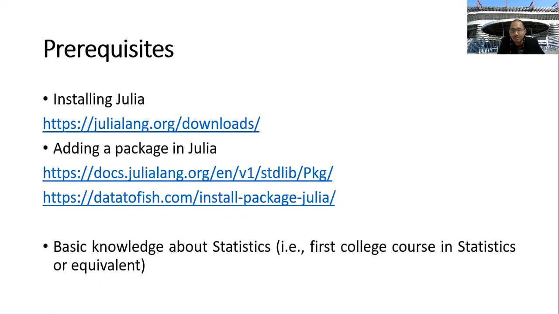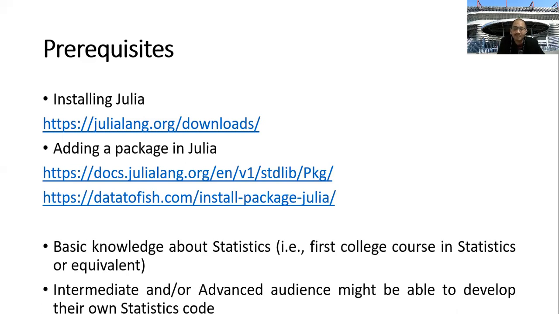Again, I'm not a pure statistician, but I have performed a lot of statistical analysis. If you are an intermediate or advanced audience but haven't worked with Julia before, after this talk you might be able to develop your own statistical code.